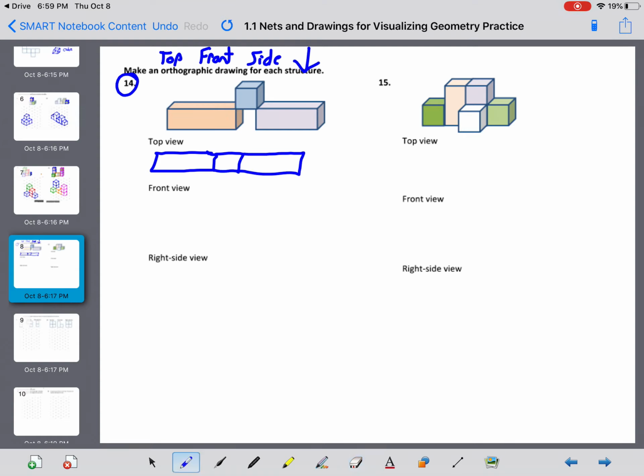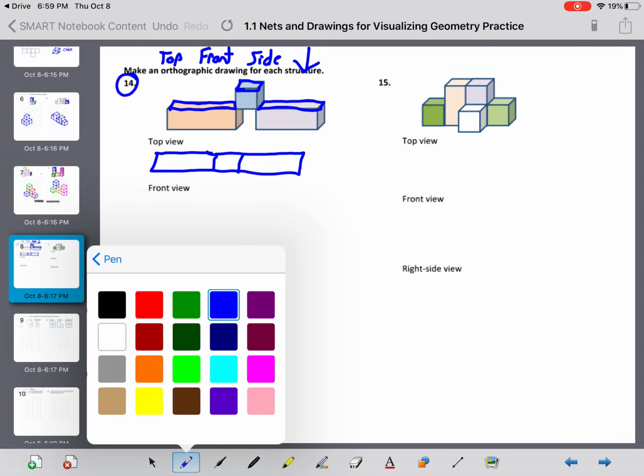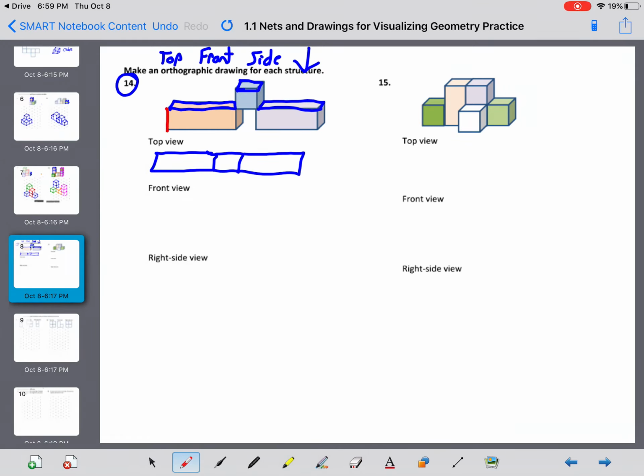So actually, hold on. Here was our top view. We drew it in blue. Our front view, let's do it in red. So if I look from the front, I'm going to see this.